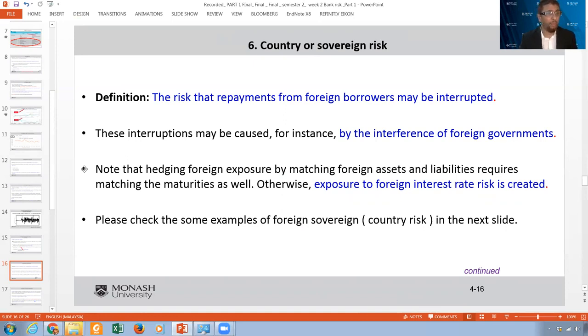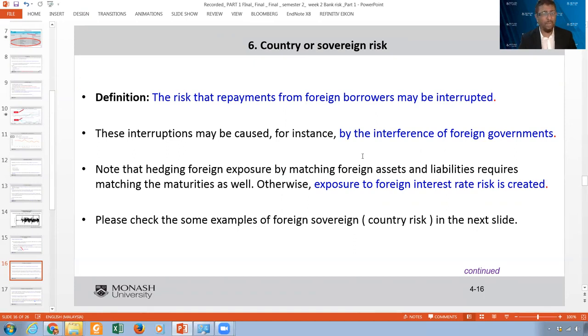Now, I will give you an example here. As I told you, it's caused by the foreign governments. By the way, foreign governments, we have had history last century where they confiscated the assets of foreign oil companies, banks. We have seen so many things happening over there.